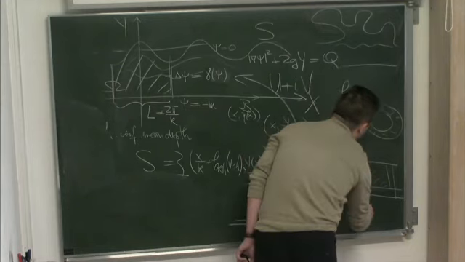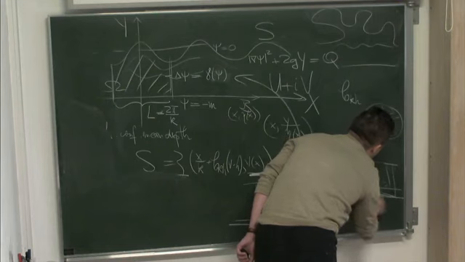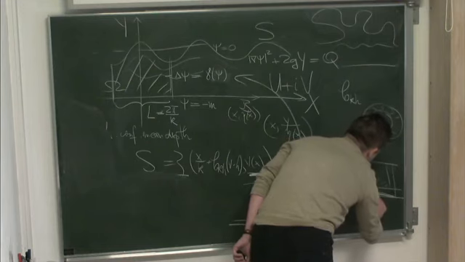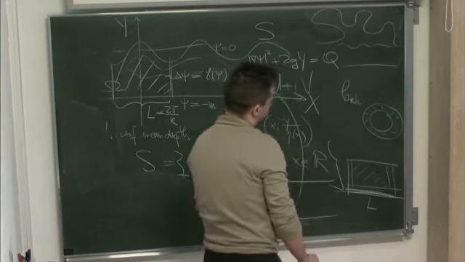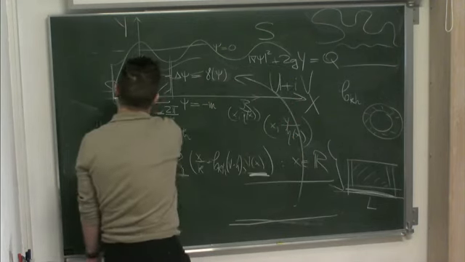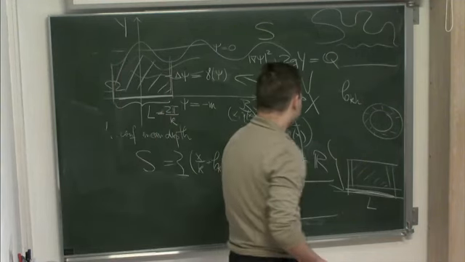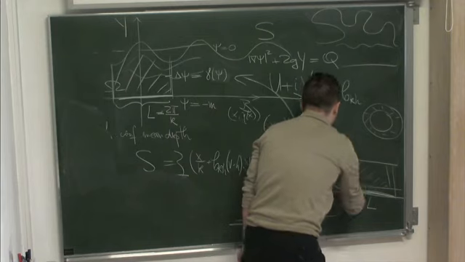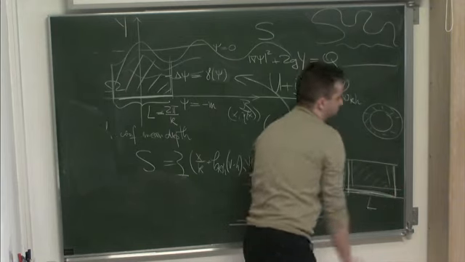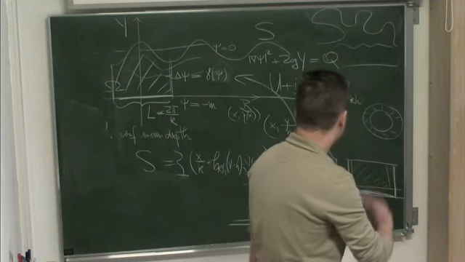what we do is to choose the horizontal length of this box to be equal to one period of the wave. And then what about the vertical dimension?